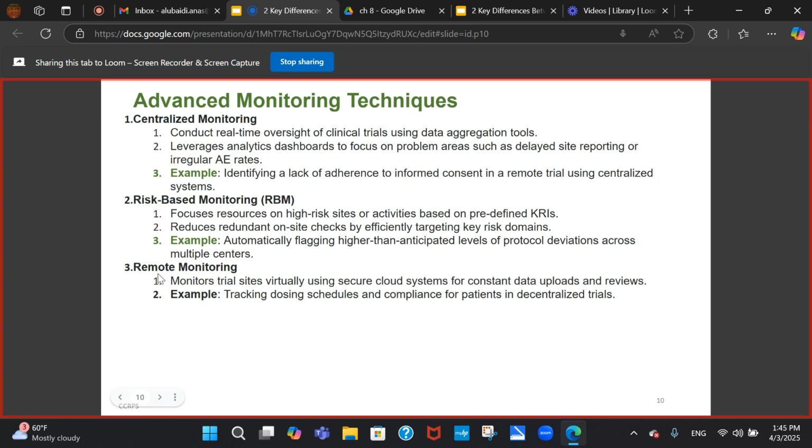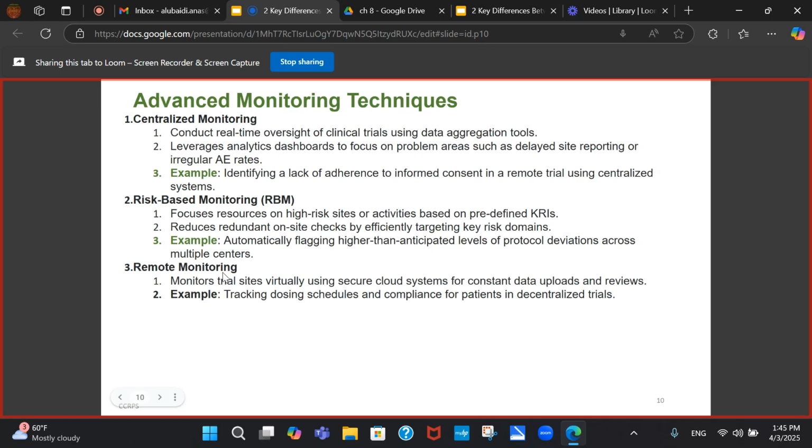Remote monitoring monitors trial sites virtually using secure cloud systems for constant data uploads and reviews. And here, still we are doing monitoring, still there is monitoring, but it's remote. Live, real-time, remote monitoring.